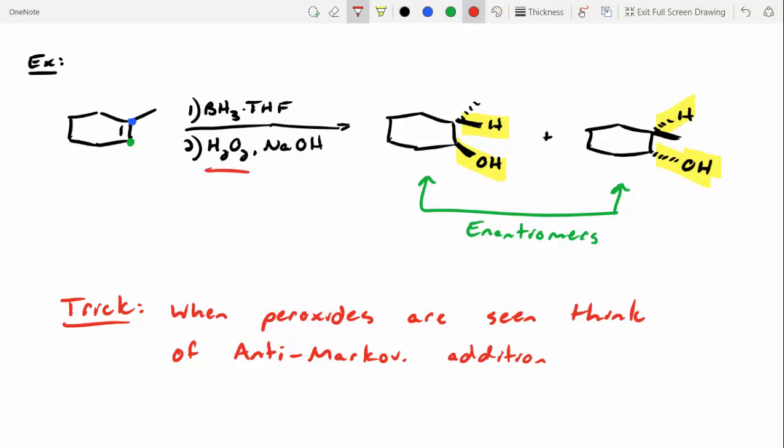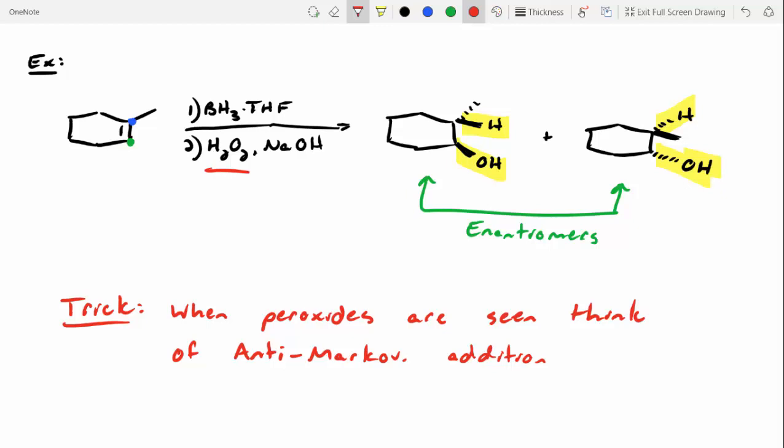So in this example, we had peroxides here, so we knew it was going to add into that green carbon. If we see hydrohalogenation with peroxides, same thing. We've got to think of anti-Markovnikov addition. Does that make sense?